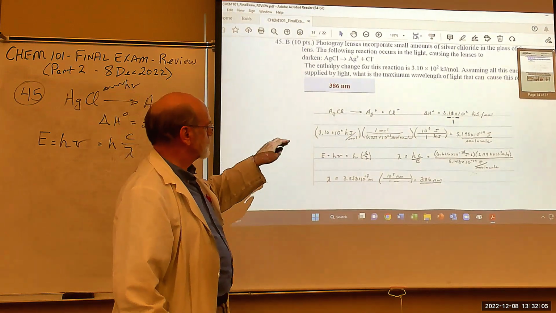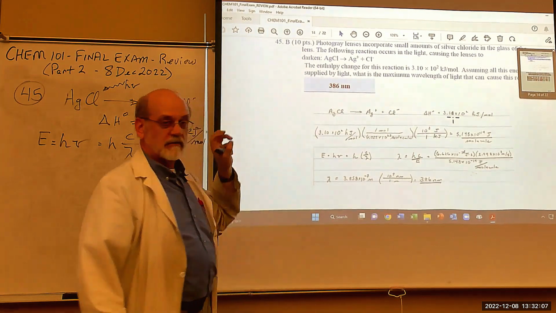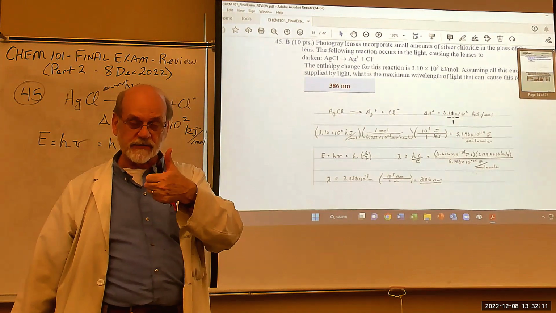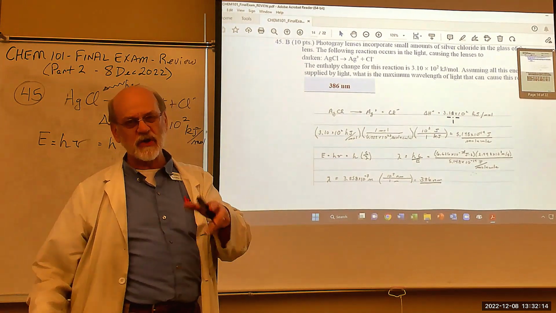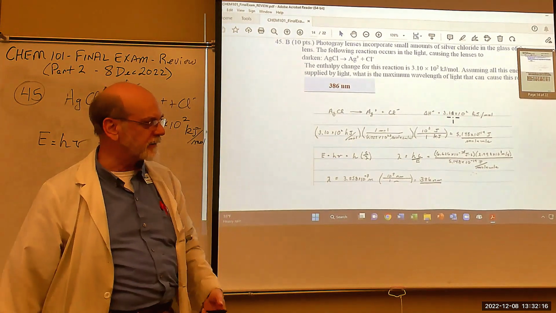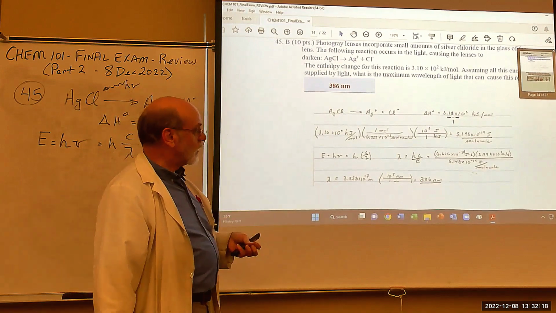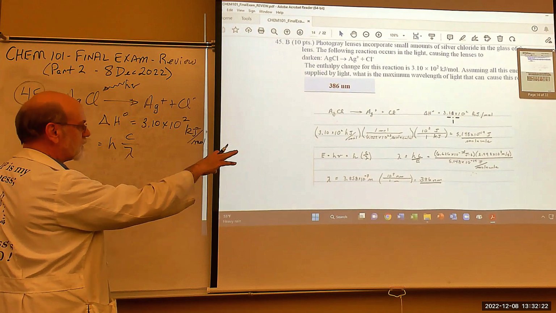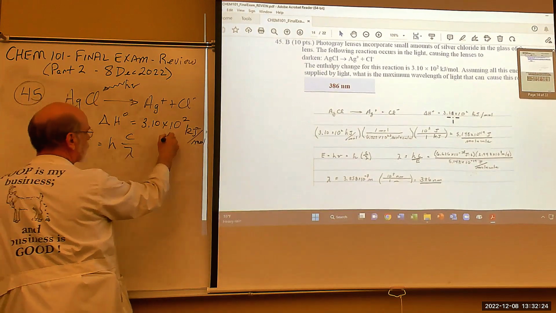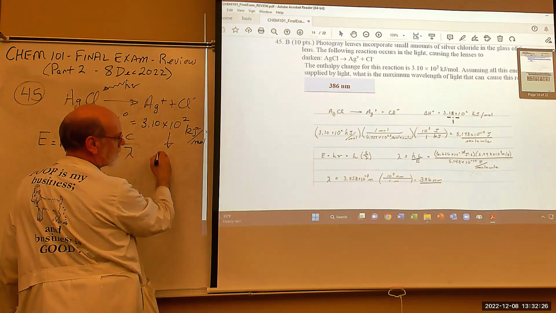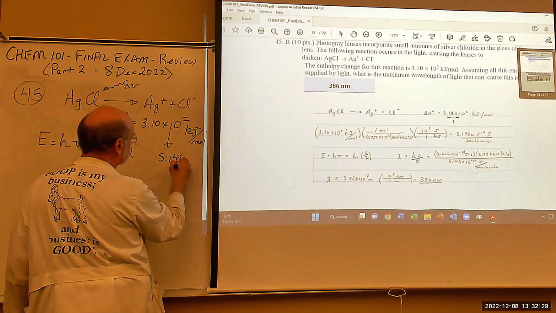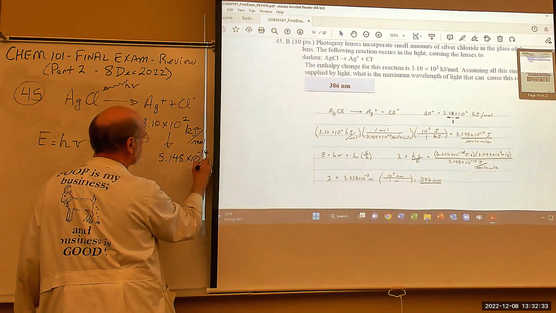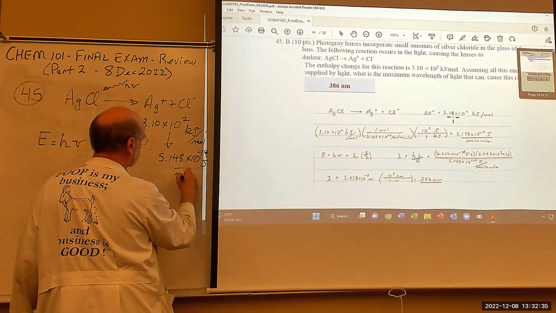Says that for each molecule, right, the transition is based upon 1 molecule of silver chloride. Actually, it should be 1 formula unit of silver chloride. So we want to know how much energy that is. And if we do that calculation, we find that this converts to 5.148 times 10 to the minus 19 joules per molecule.